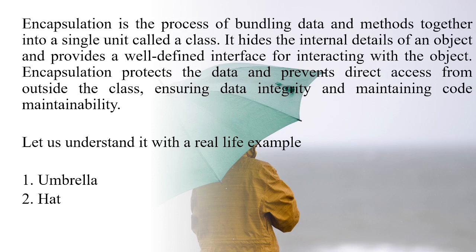So in this scenario, the umbrella acts as a class encapsulating the functionality of protecting the person from rain in a specific area. The area under the umbrella is a private data member that is being protected, hidden from direct exposure to the rain. We'll be seeing a few things using the example also. But if you relate something with real life, it is easier to understand.